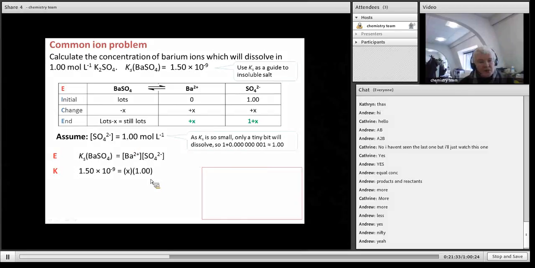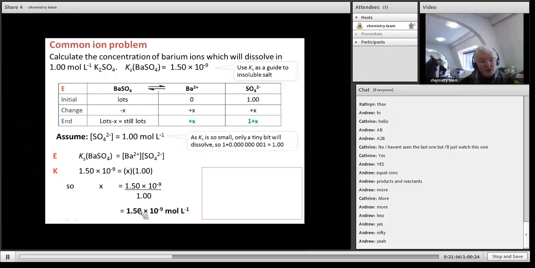So now I just simply solve for X. If I've got X on this side, I multiply both sides by X. Easiest is to take the 1 across. If 1 is being multiplied here, it has to be divided on the other side, but of course, if you divide by 1, it doesn't make any difference. So my X amount, my concentration of barium, is 1.5 times 10 to the minus 9.